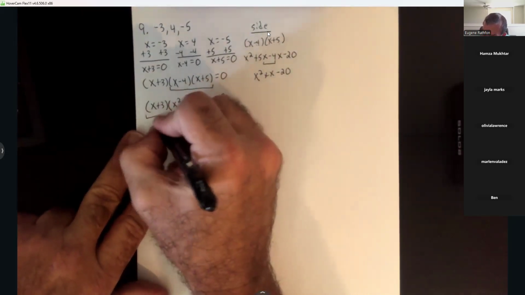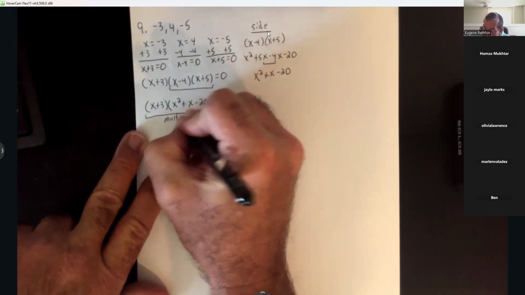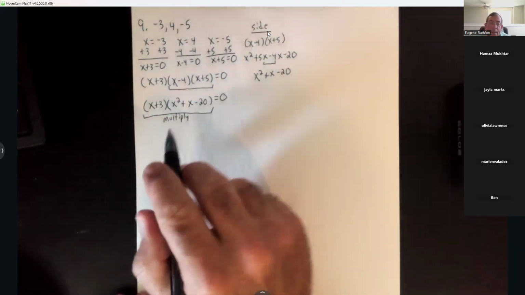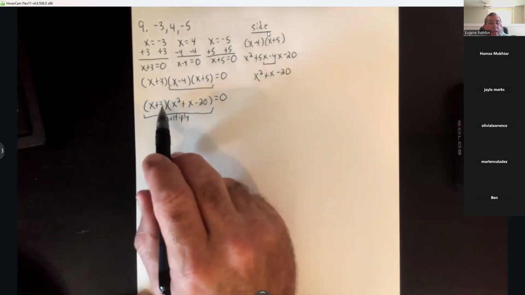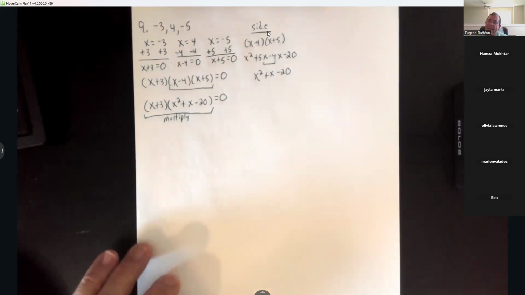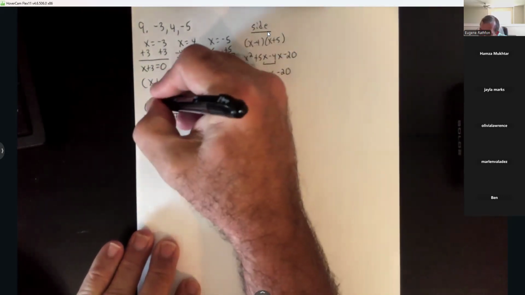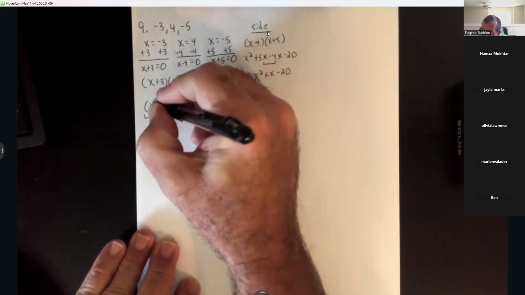So now I'm going to multiply all this. So we're going to take the x, distribute it, and then the 3 and distribute it. So it's like FOIL, but you got that extra step on each one of them, okay? So x times x squared was an x cubed.